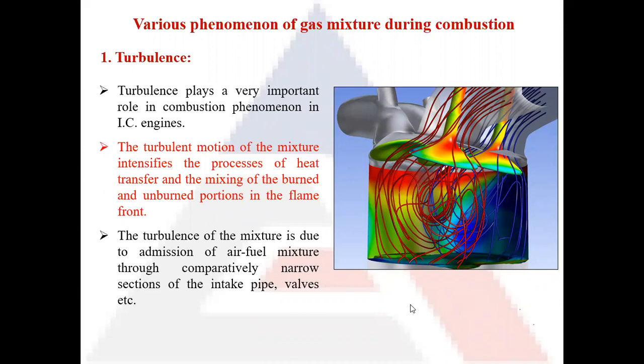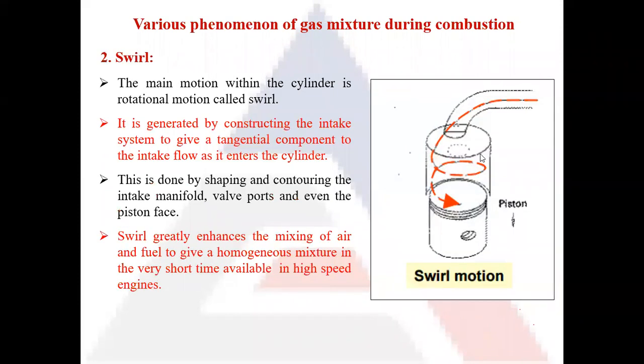Okay, so next type of motion or phenomena is your swirl motion. So swirl is the circulatory motion that is provided to the air or the air fuel mixture that enters the combustion chamber from the inlet manifold.